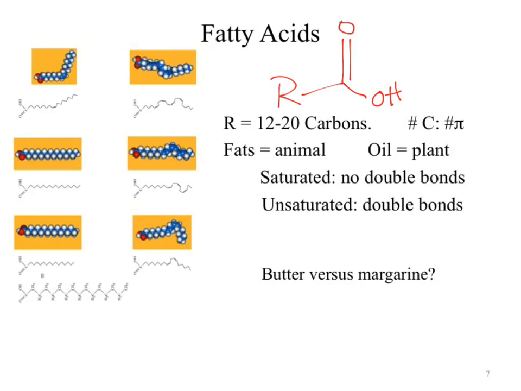As general formats, animal products typically get classified as fats, and plant products tend to get classified as oils. Ultimately, they're the exact same thing: a carboxylic acid with a big, long carbon chain coming off of it. The reason that we call them slightly different has to do with their phase. Fats are typically solids, and oils are liquids.